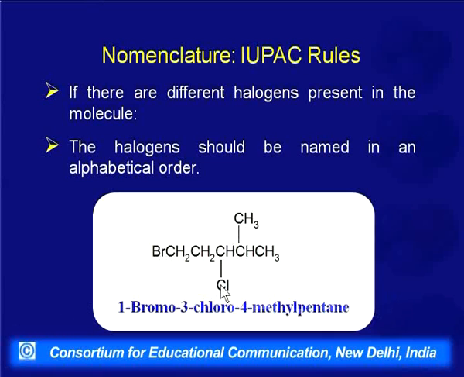Suppose Cl was in place of Br and Br was at the third place, then we would have said that the molecule becomes 3-bromo-1-chloro-4-methyl pentane. This is if I interchange the chloro and the bromo substituents. So you have to understand that it has to be in alphabetical order.